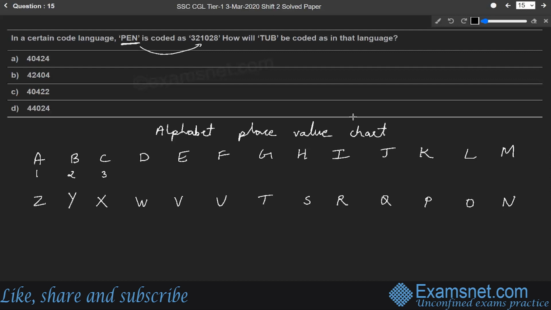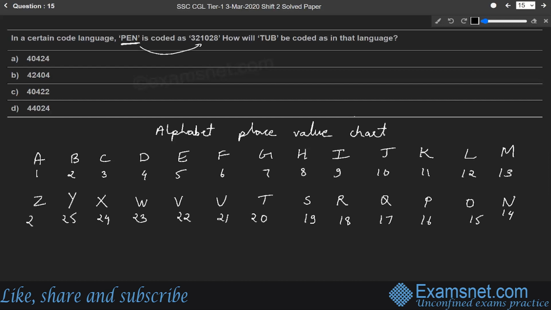Okay. So the values will be 1, 2, 3, 4, 5, 6, 7, 8, 9, 10, 11, 12, 13, 14, 15, 16, 17, 18, 19, 20, 21, 22, 23, 24, 25, and 26.